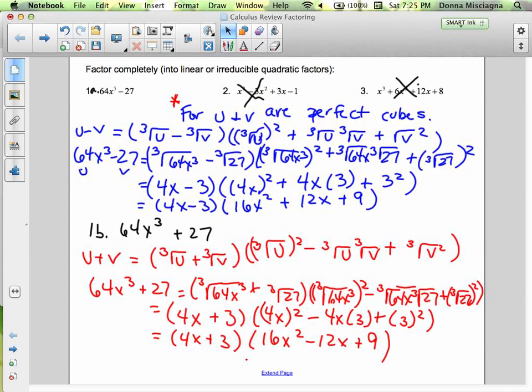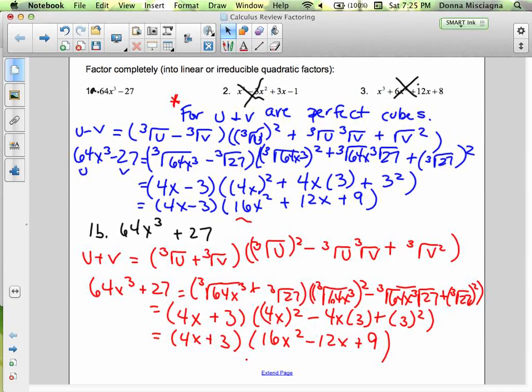If I chose something a little simpler like x cubed plus 27, let's take the 64 off of it. So if we had x cubed minus 27, then it would just be x minus 3 times x squared plus 3x plus 9. We wouldn't have the coefficient in front, so it would just be the cube root of x squared, which is just x squared.